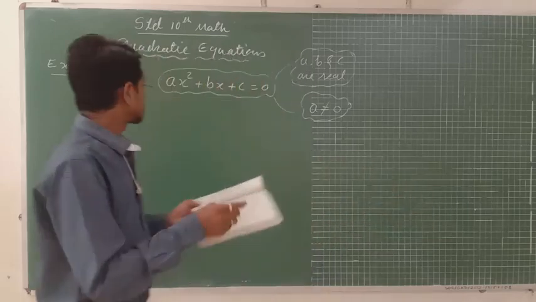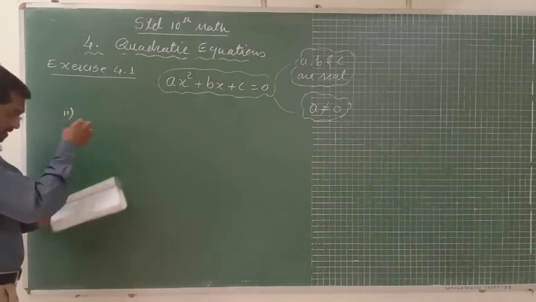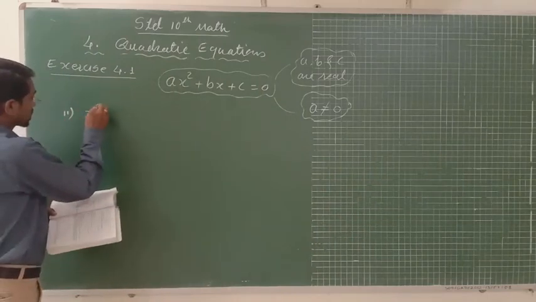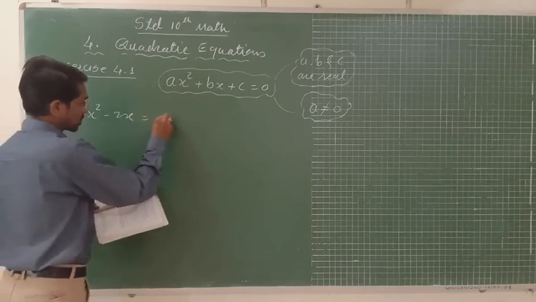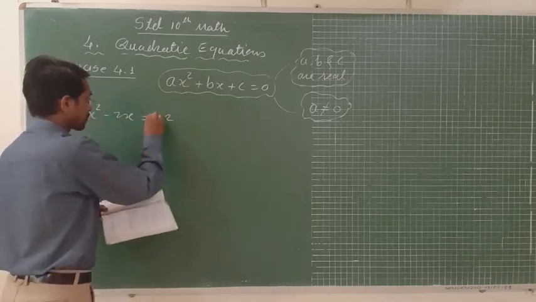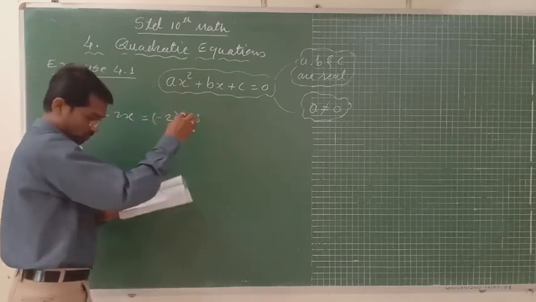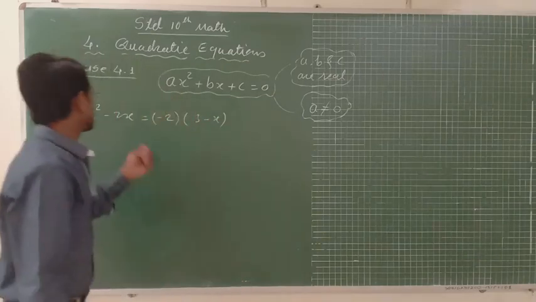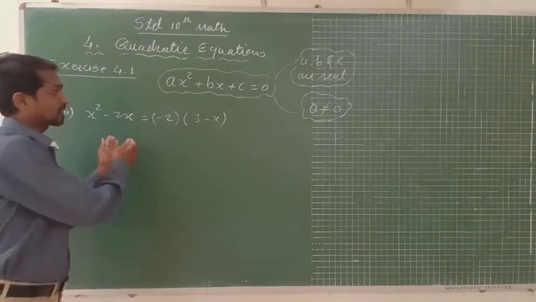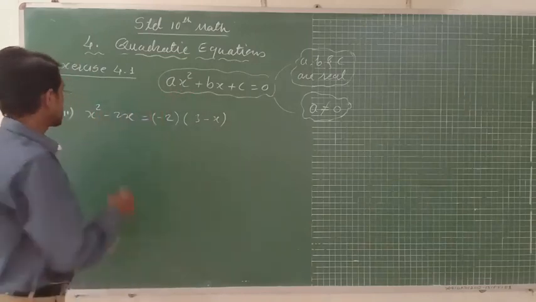See the second one. The second example is given: x square minus 2x is equal to minus 2 into 3 minus x. We have to solve this example and try to write it in the standard form. Now solve.